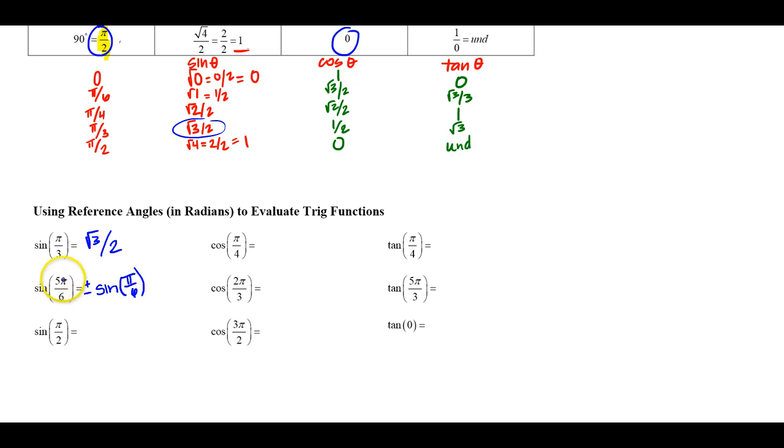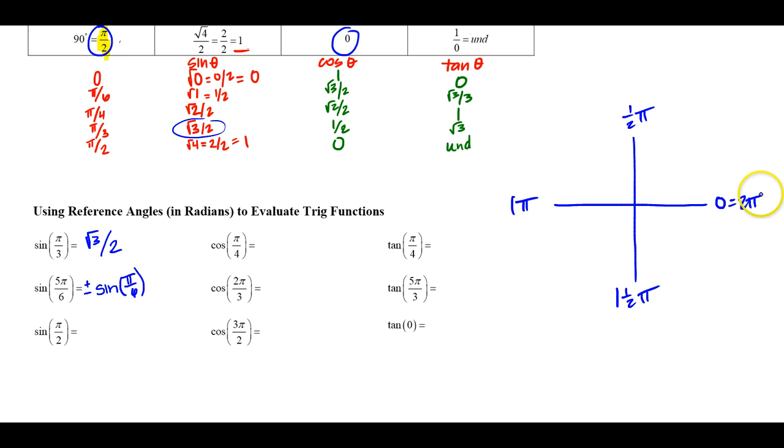So how do we decide that? Where is 5 pi over 6? So we're thinking about our own little unit circle. Here's 0, here's 1/2 pi, here's 1 pi, here's 1.5 pi, and then 2 pi. So we also have to remember all students take calculus. So where is the original angle, 5 pi over 6?